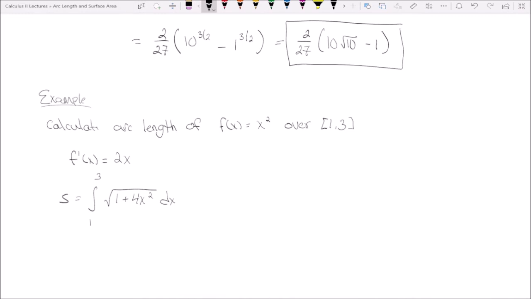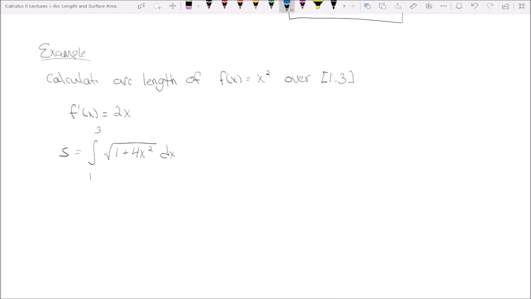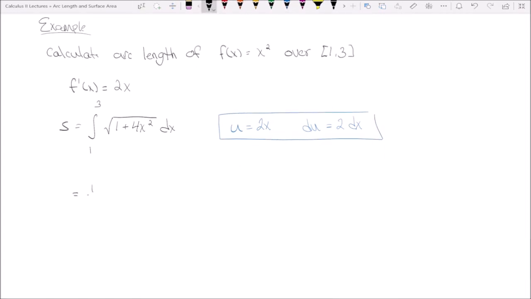Now what we're going to do is make a substitution. We're going to use the substitution u equals 2x, making du 2dx. So that gives 1/2 times the integral of square root of 1 plus u squared du. Right, and well, u's now going to go from what? 2 to 6, isn't it?